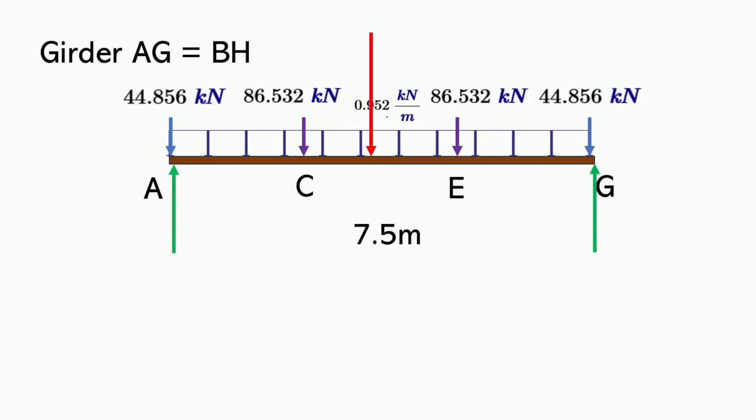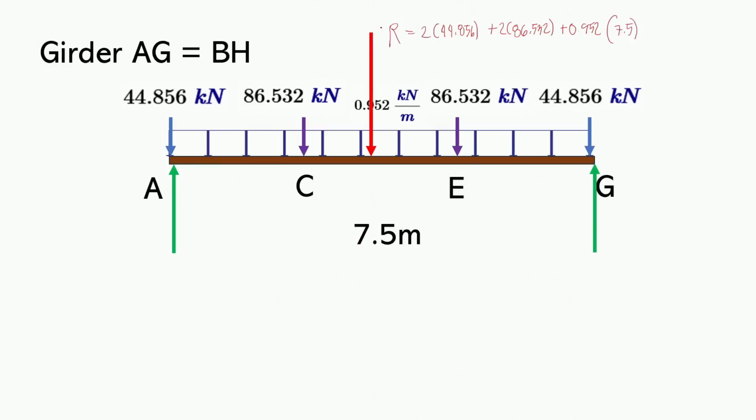The self-weight of the beam. Now, the resultant here will be the total loads, including the resultant of the distributed load. So, this will be two times 44.856 plus two times 86.532 plus 0.952, which is the distributed load, multiplied by the span, which is 7.5 meters.